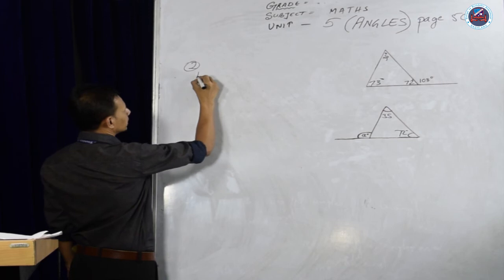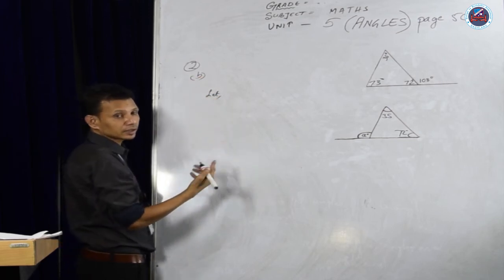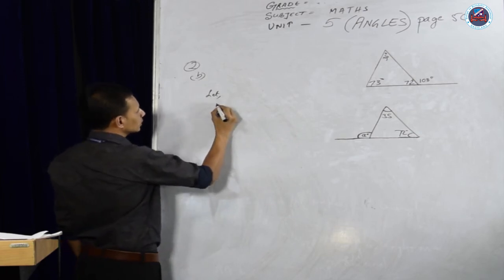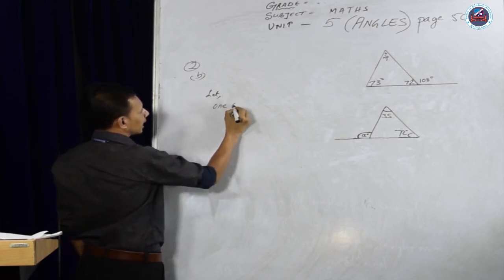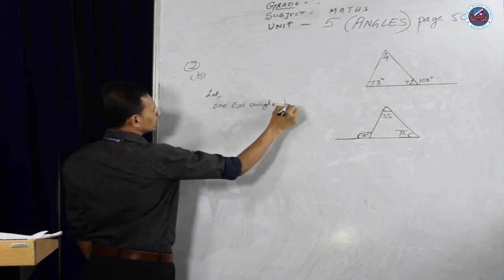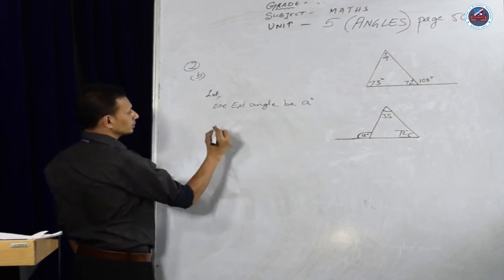Okay, number B. Since you are taking A by yourself, let one exterior angle be A degree. Got it?